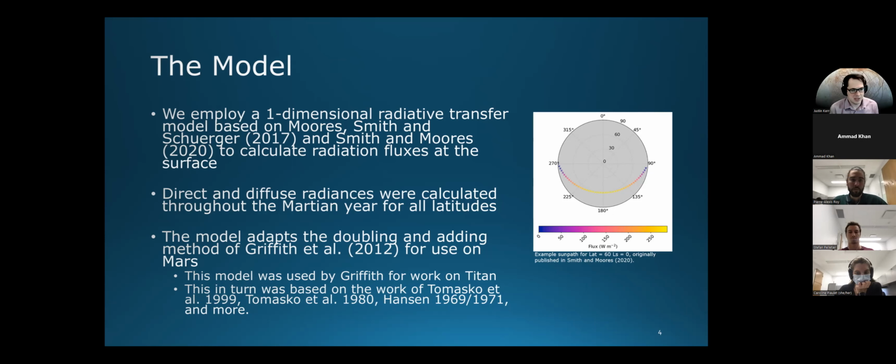This adapts the doubling and adding method used by Griffiths et al. 2012 for use on Mars, because Griffith used this for Titan. And in turn, his work was based on the work of Tomasco et al. in several different publications, as well as the method first being used for this type of thing by Hansen in 1969.